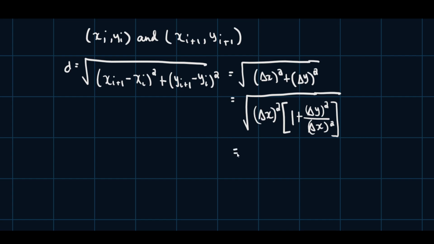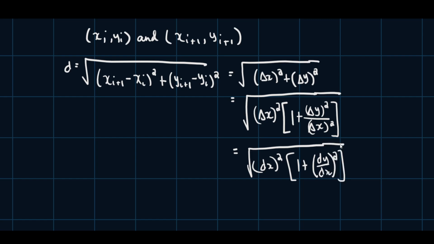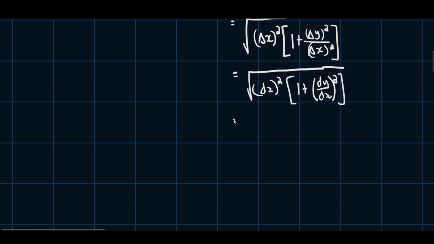So equivalently, masusulat natin to as dx squared times (1 plus (dy over dx) squared). Now, simplifying, we have square root of 1 plus (dy over dx) squared times dx.